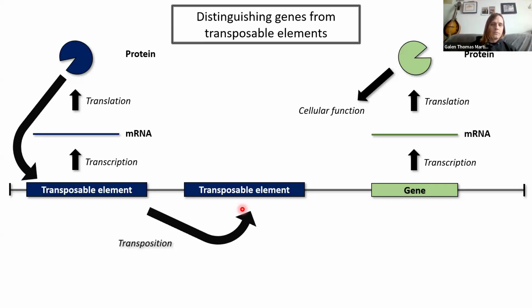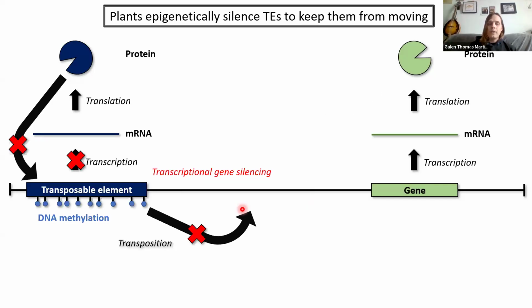And of course, this causes a bunch of problems for the host genome. So genomes like maize have evolved a bunch of machinery that's designed to stop this process, to keep transposable elements from transposing. And they do it really effectively through a couple of different mechanisms.